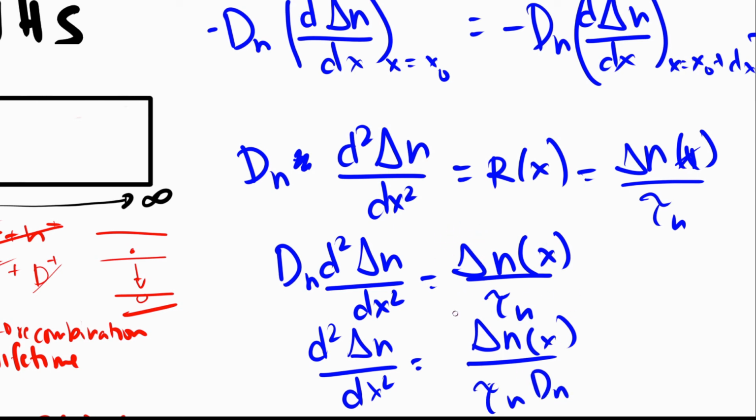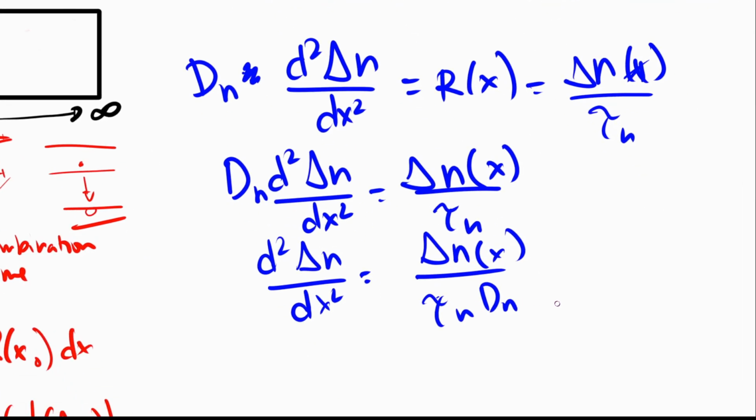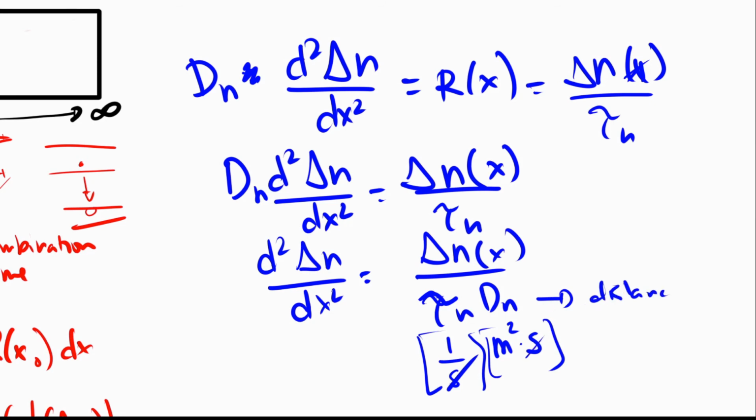From this expression, we can see that tau n Dn will have the same dimension as distance squared. Tau n is in seconds, while Dn is in meter squared per second. Those are the units. Canceling, we see this is just distance squared.